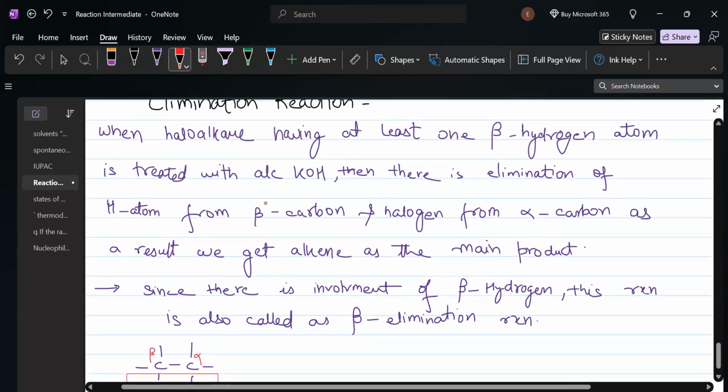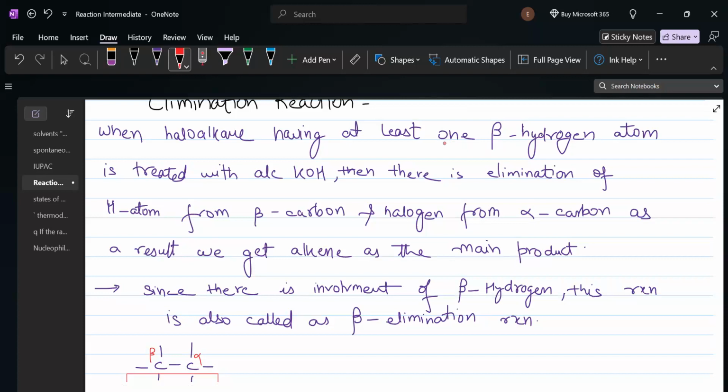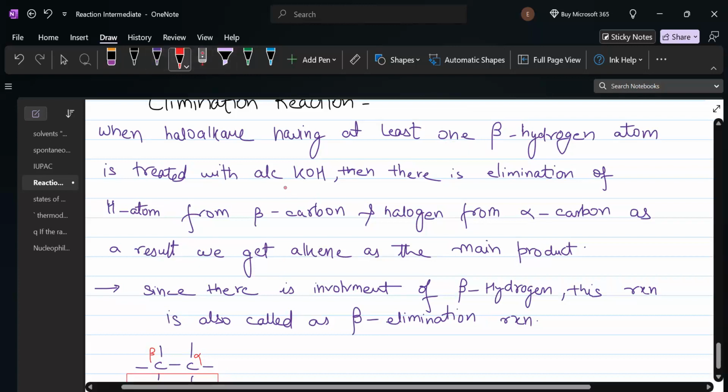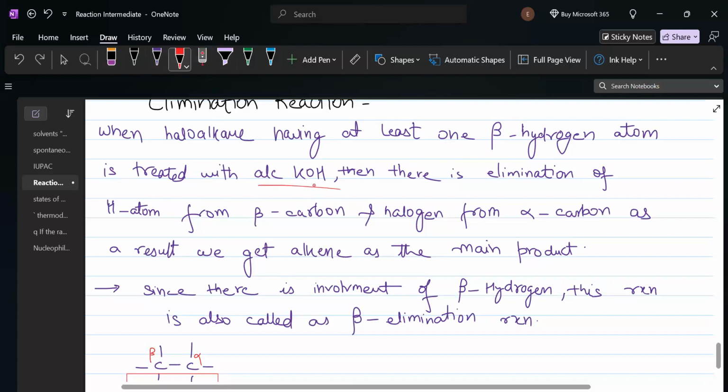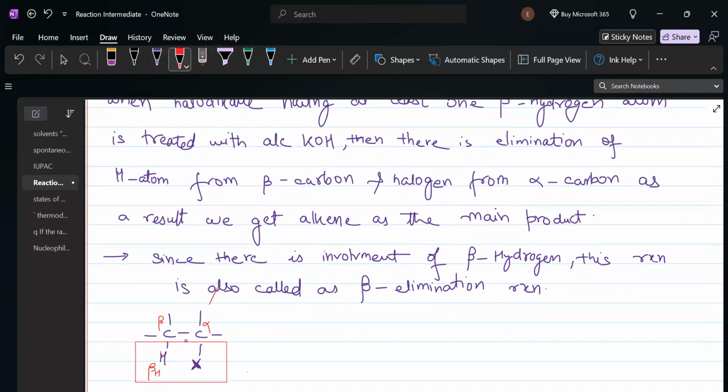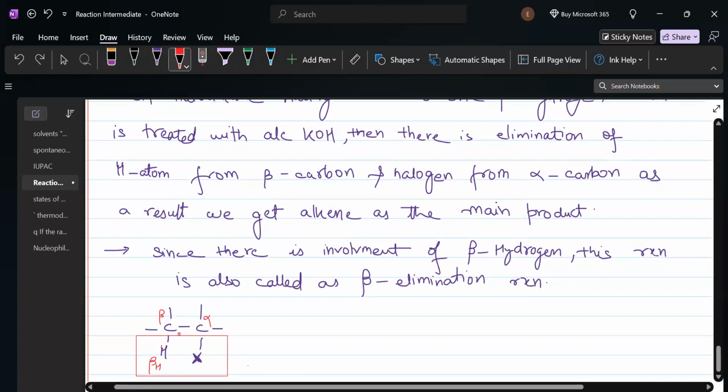You can see, when haloalkanes have at least one beta hydrogen, this is very important, at least one beta hydrogen should be present, and when it is reacted with alcoholic KOH, this is the reagent, then there is elimination of the H atom from the beta carbon and the halogen from the alpha carbon.